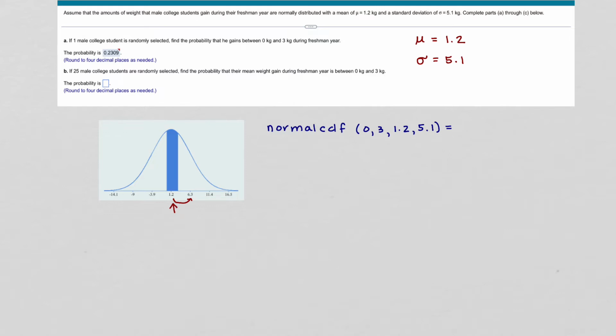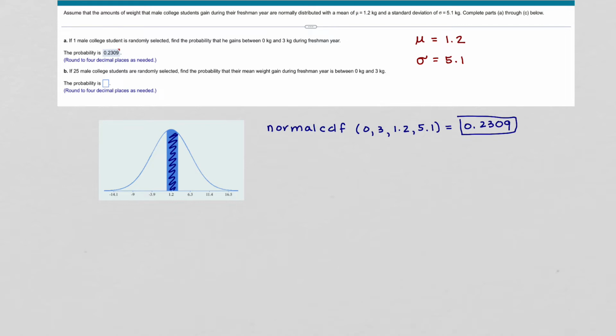And that gives us a probability of 0.2309. And when we look at the distribution, we can see that this area here, does that reasonably look like about 23%? That seems right. And that is the answer to our problem.